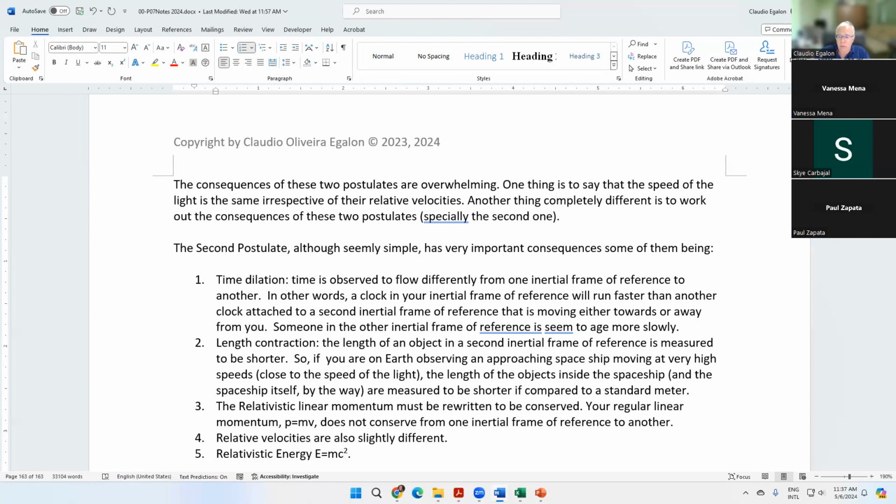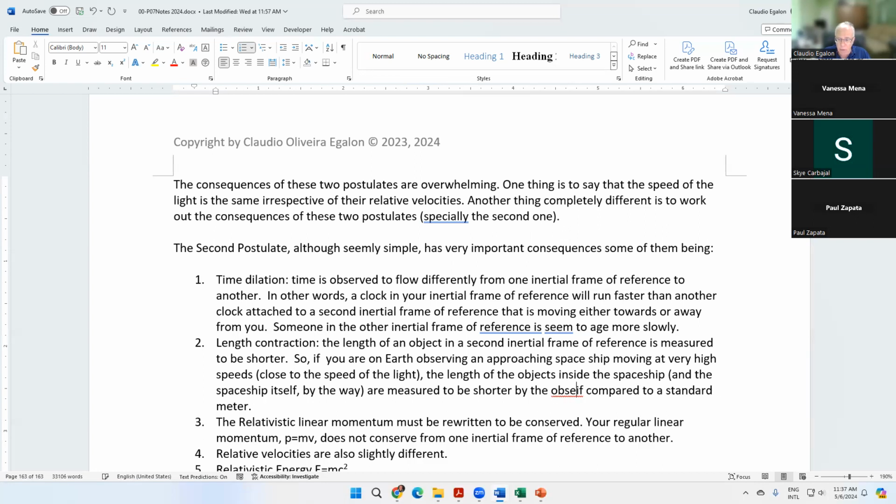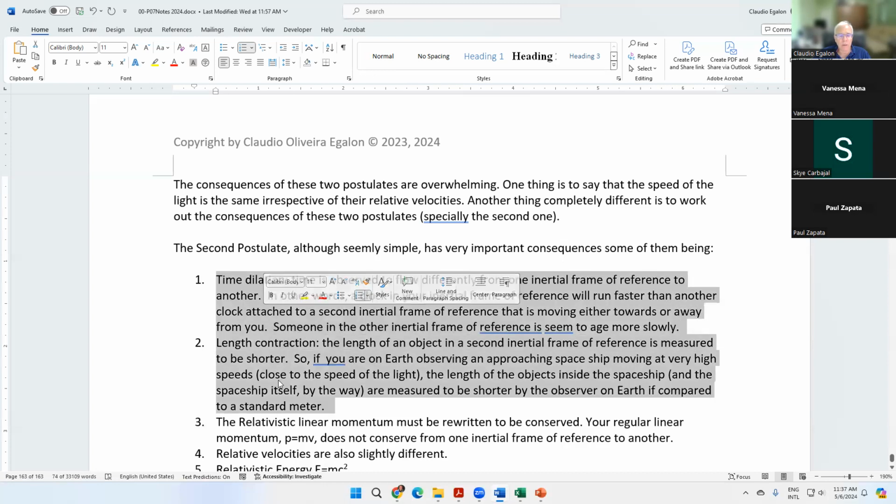They are measured to be shorter by the observer on Earth. Okay? So those are two consequences that are difficult to accept.